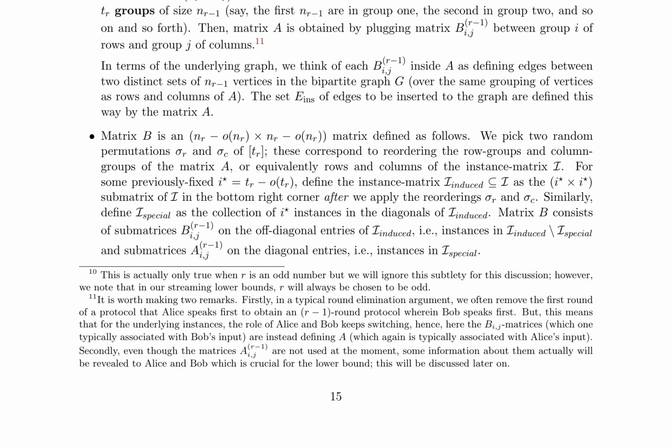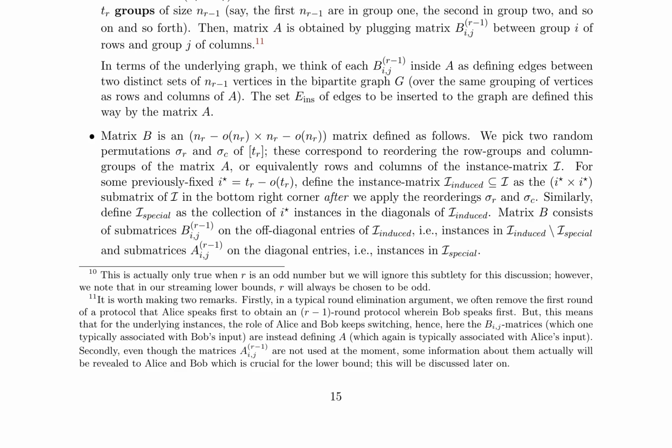The set of edges to be inserted is defined by matrix A. Matrix B, on the other hand, consists of submatrices B_(R-1,I,J) on the off-diagonal entries of the instance matrix I induced and submatrices A_(R-1,I,J) on the diagonal entries. The construction of AHM_R(A, B) is crucial for establishing lower bounds for streaming algorithms.